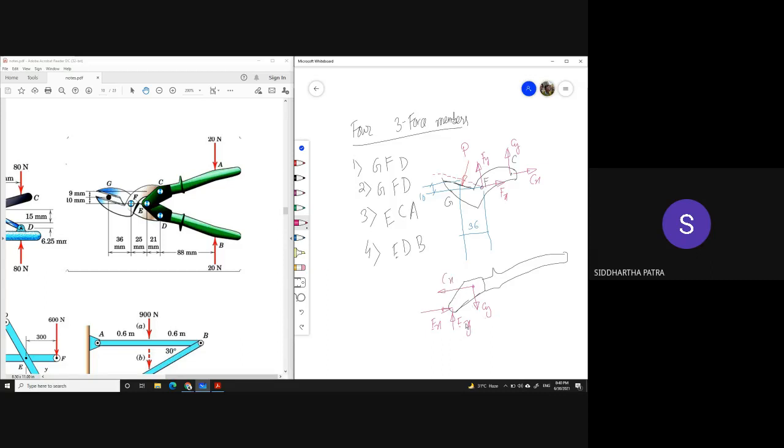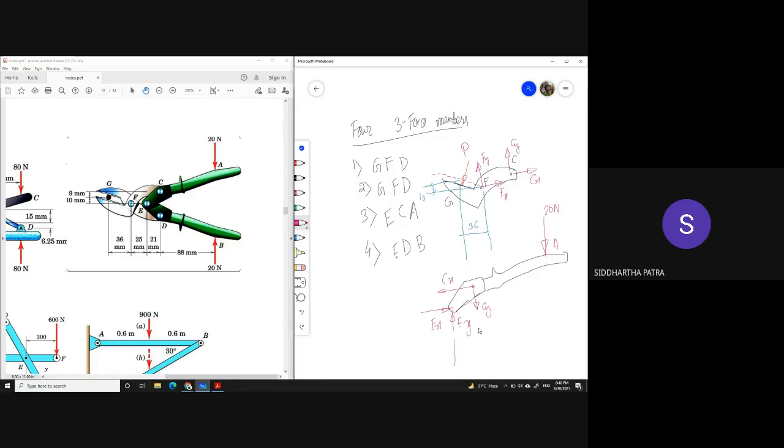Okay. So again, you see there are four unknowns, but that doesn't make up for 8 unknowns, because Cx and Cy appear in both. So that is only 6 unknowns, which you can solve from this set of equations.